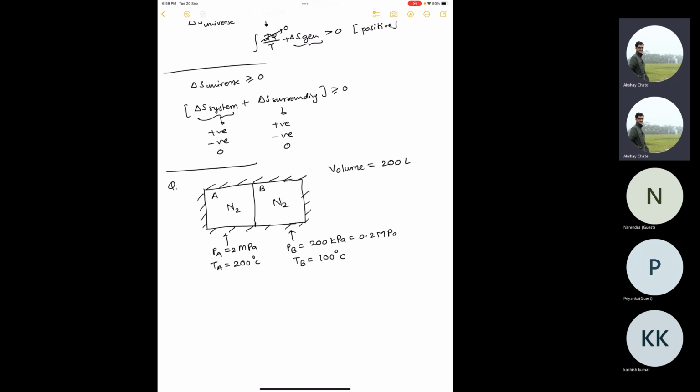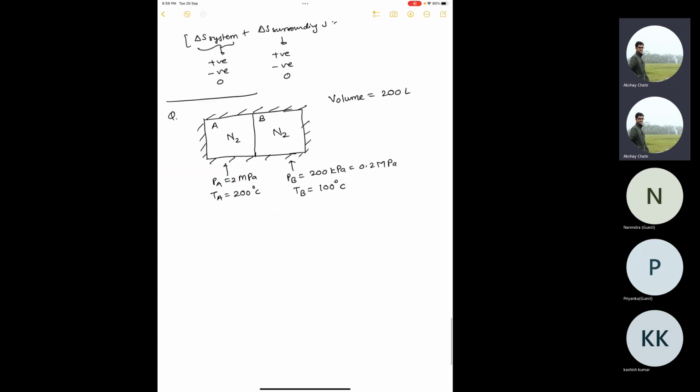Then we break that membrane, and the system comes in equilibrium and final temperature is 70 degrees Celsius. Your surrounding temperature is 20 degrees.